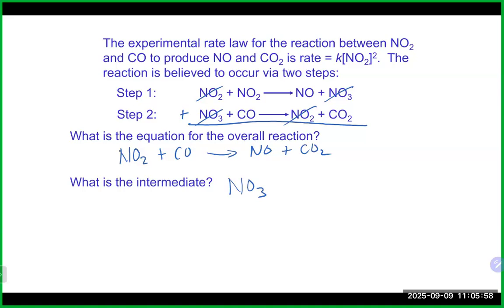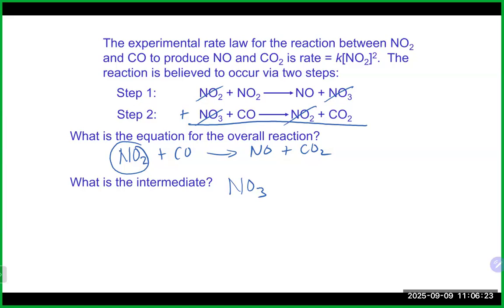NO2 is not an intermediate. Even though we reduced it down, it is still present in the overall reaction. So even though you reduce it down, it is not considered an intermediate. The definition of an intermediate is that you make it early on and it gets completely wiped out by the time the reaction's over. It should not be present in the overall reaction. So for this particular reaction, only NO3 is the intermediate.